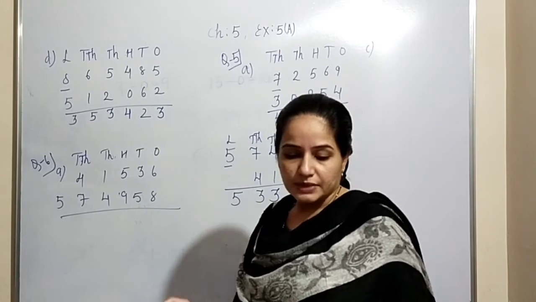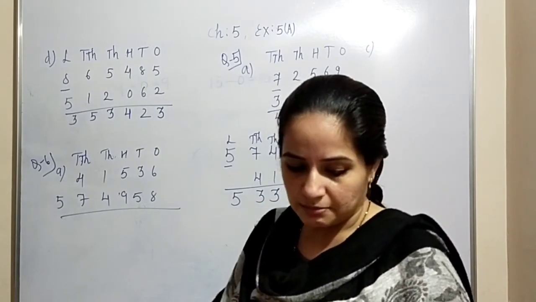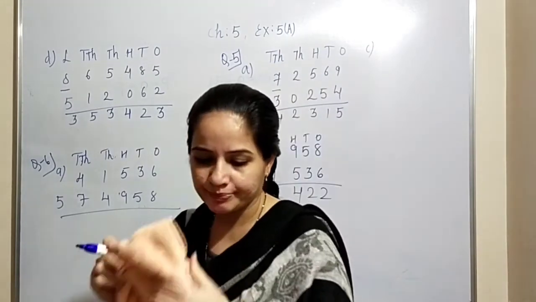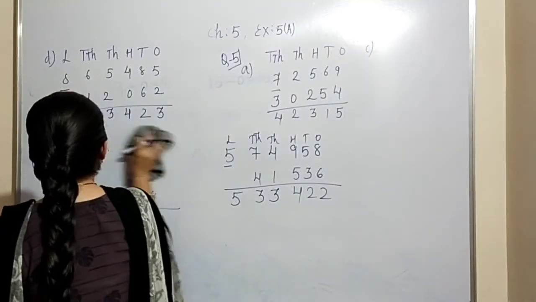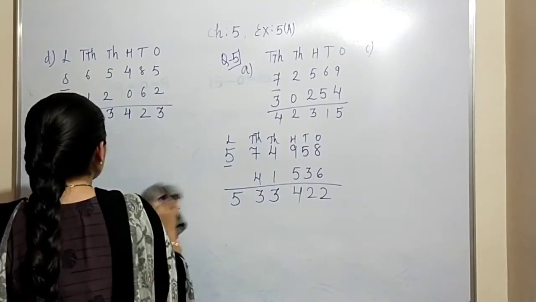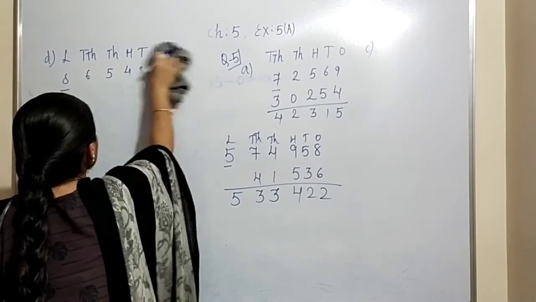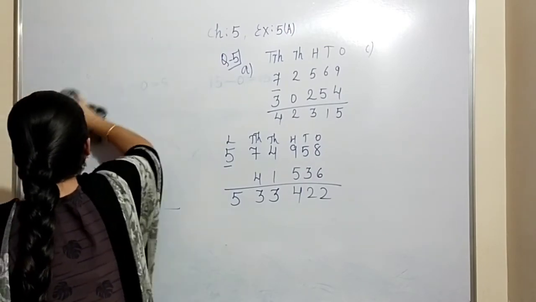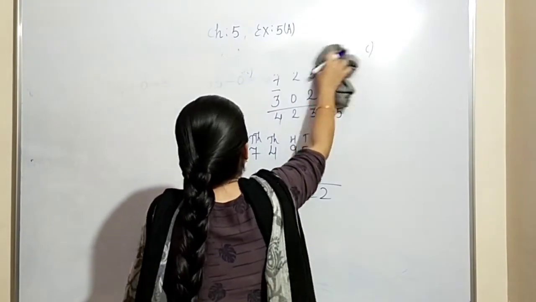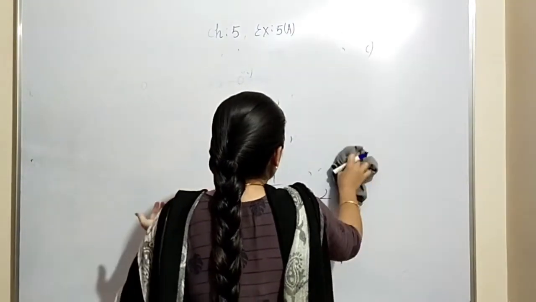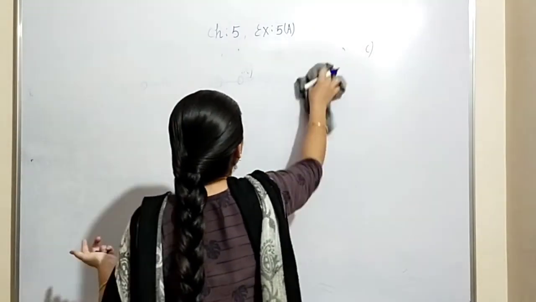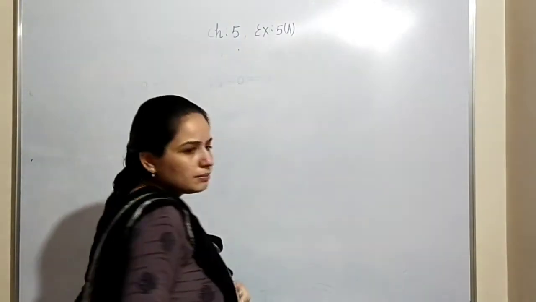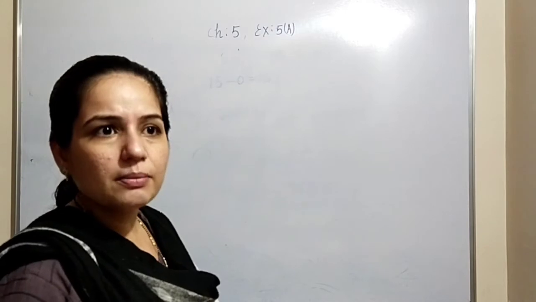Okay, now we will move to question number 7. In question number 7, we are not given the numbers directly, but we are given the numbers with their names: minuend, subtrahend and so on. So from that we will have to conclude which number will come up and which will come down.